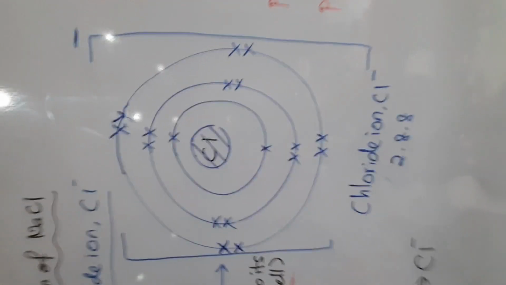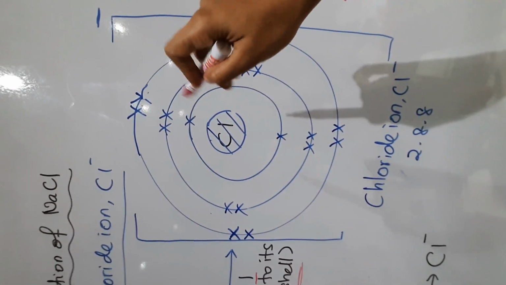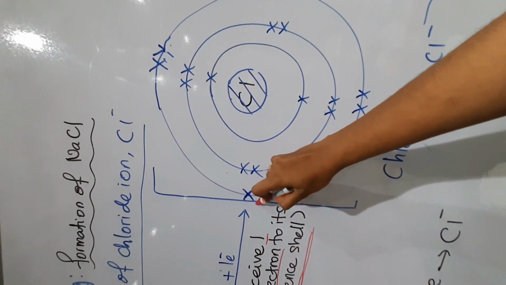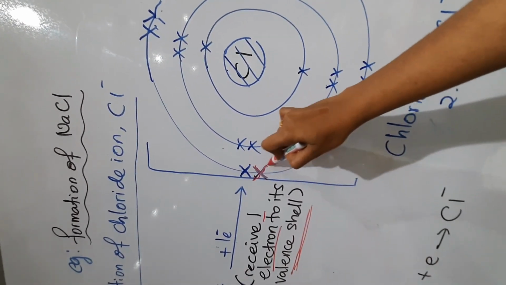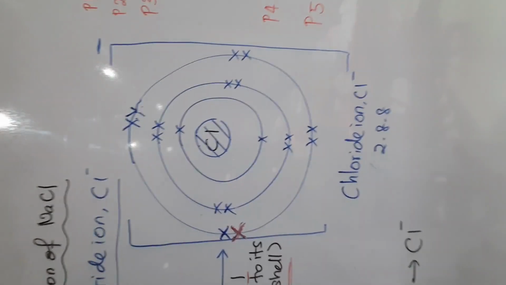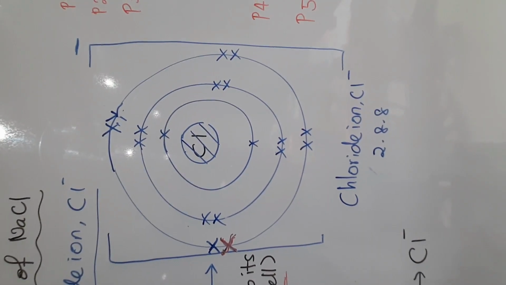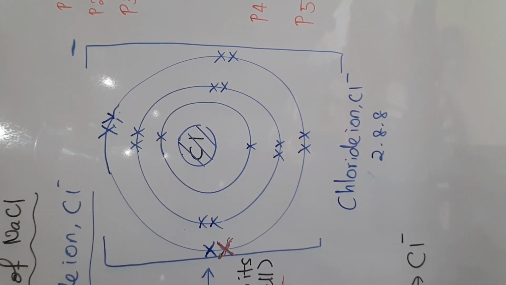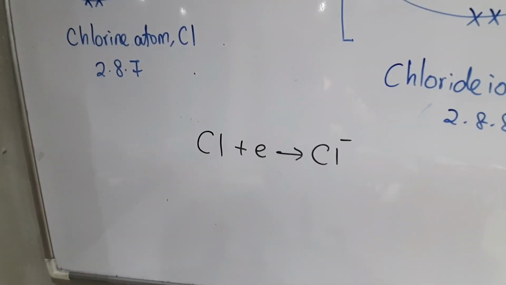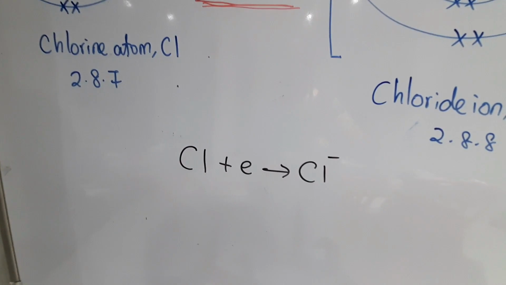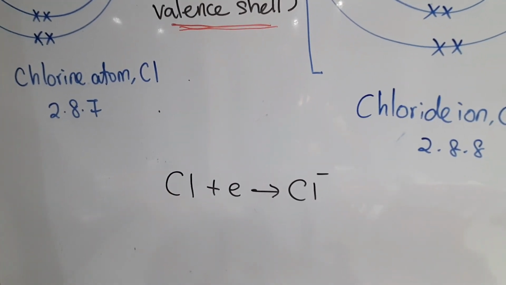Now, as you can see the electron arrangement diagram for chloride ions, after it received the one electron donated by the sodium atom, hence it formed chloride ions, where the electron arrangement of chloride ion will be 2,8,8. Thus, the half equation for the formation of chloride ion is Cl plus e- arrow Cl-.